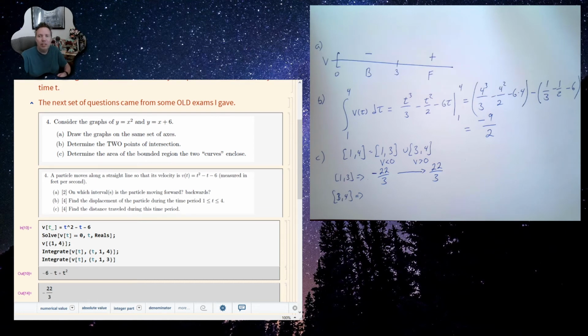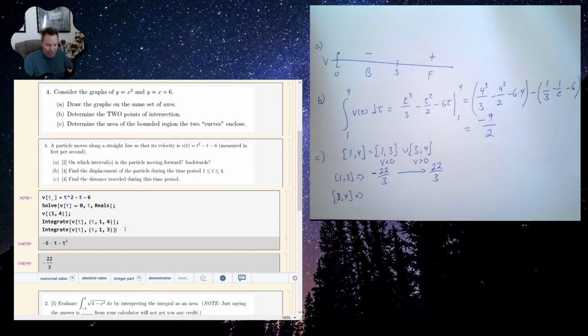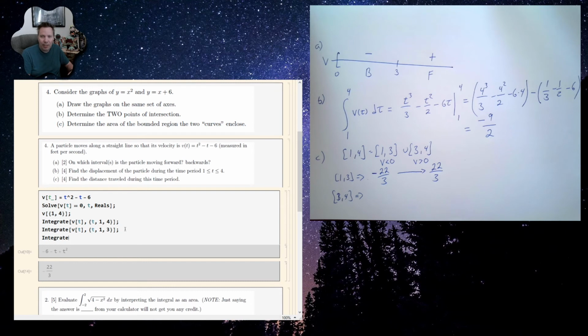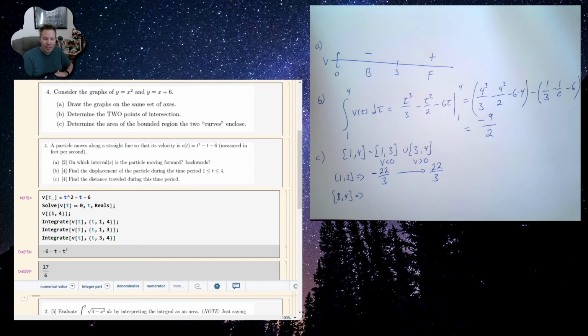The next part of this, again, I'm going to suppress that output. I'm going to integrate the velocity, but this time I'm going to go from 3 to 4. Oh, I forgot the t. I'm going to evaluate this and get 17/6. So this is going to get me 17/6.